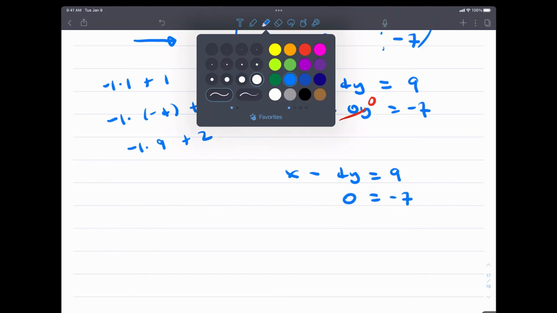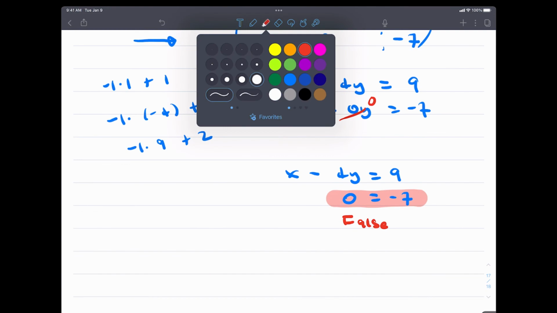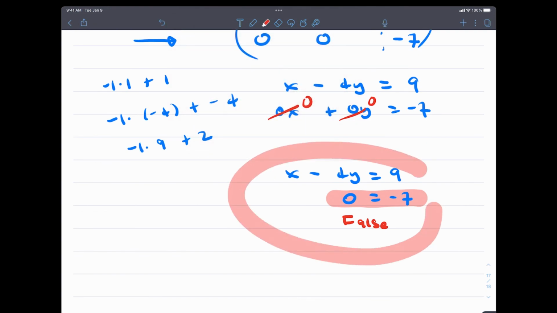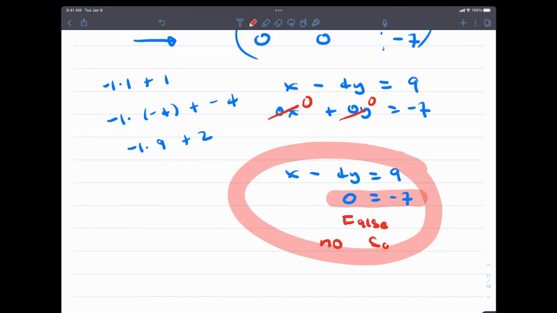Now, what do we know about this? Well, first of all, can 0 ever be negative 7? Is that the same? This is a false statement. So if you get a false statement there, what do we say? No what? Solution. That's what we say, no solution.